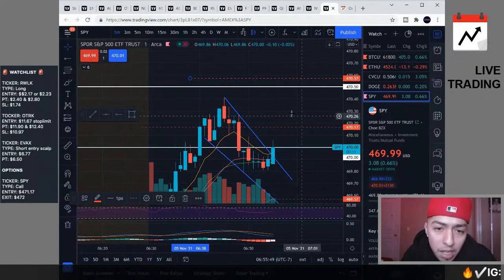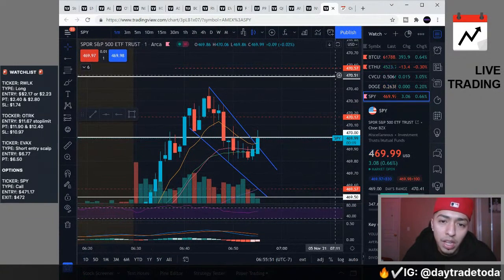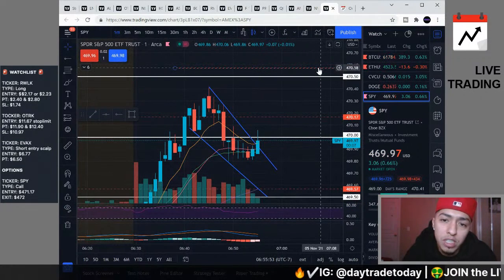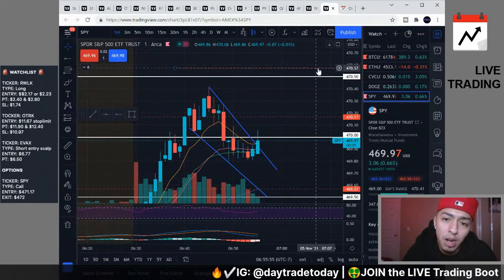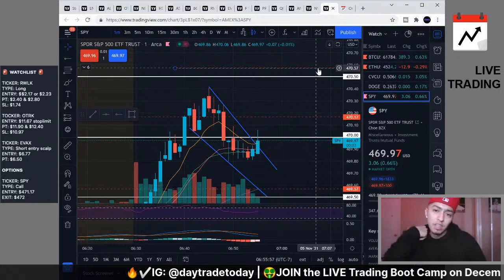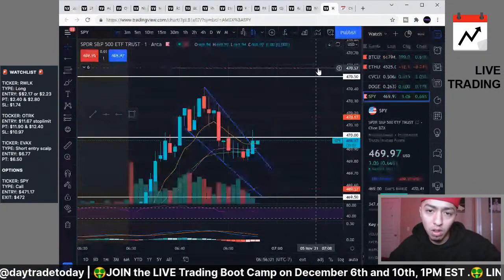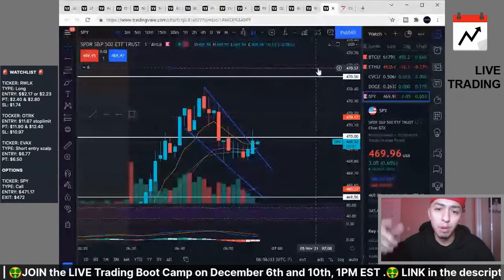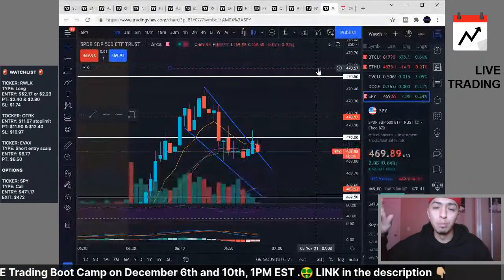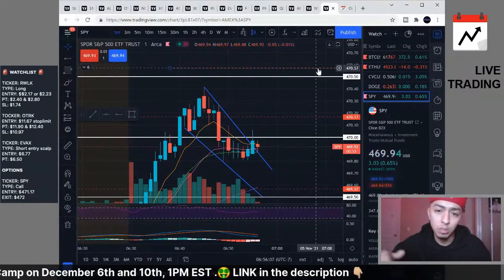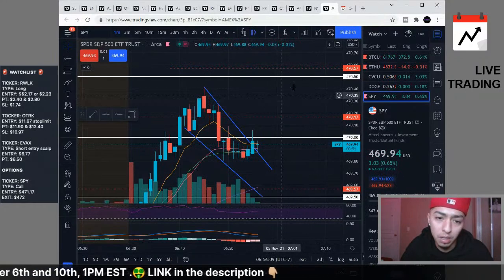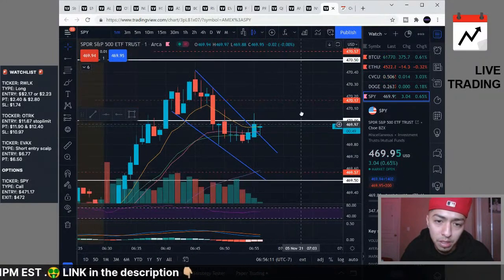So on SPY, you would take an options call entry at 470.57. Once we reach this price at 470.57, that's where you would purchase the options call. You're not buying the price of 470. You're buying the option call at that entry point. I hope that's clear to everybody.